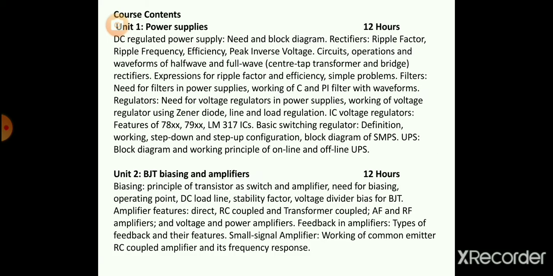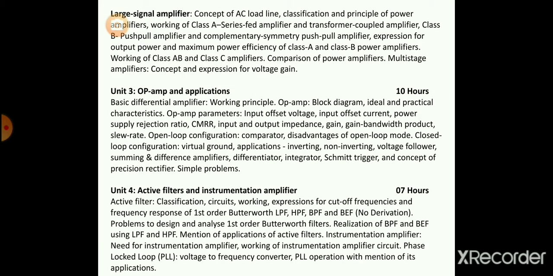Now the course contents. The first one is power supply. In unit 1, we are going to study the need for DC regulated power supply, then rectifiers, classification of rectifiers, then efficiency of rectifier, then filter circuits, voltage regulators, etc. Unit 2, BJT biasing and amplifiers.